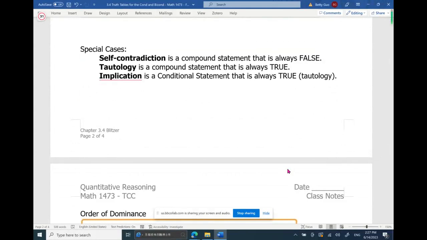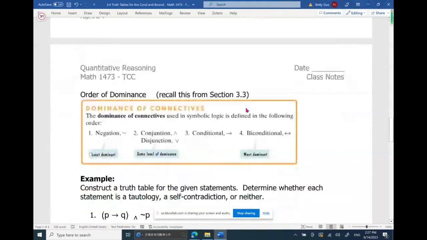A compound statement is called a self-contradiction if the statement is always false in all cases. A compound statement is called a tautology if the statement is always true in all cases. Just some definitions. An implication is a conditional statement that is always true. Implication is a conditional tautology.